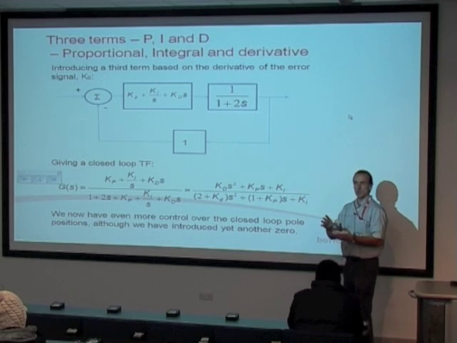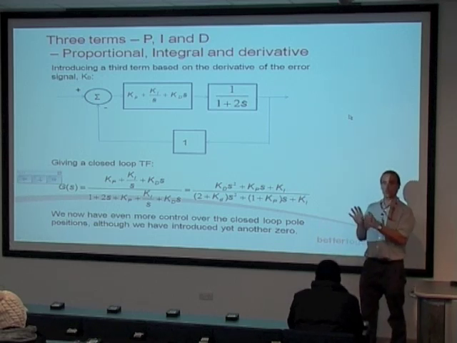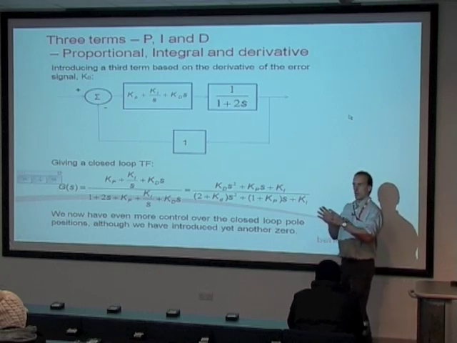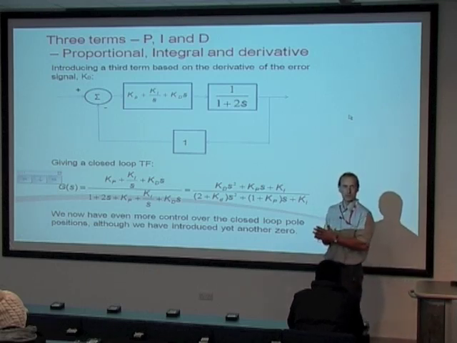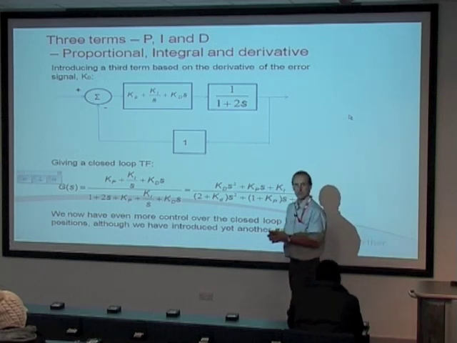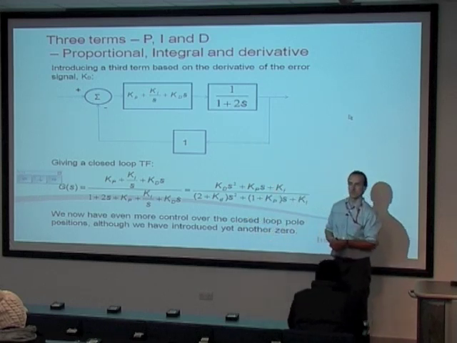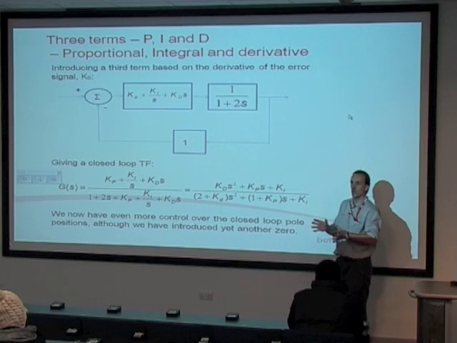So if you think about it, the way that you're controlling that vehicle is to do with a differential of the thing you're looking at, which is position. Because the differential of position is velocity, and you're using that velocity information to determine how you control the system. In other words, you're implementing a differential term.